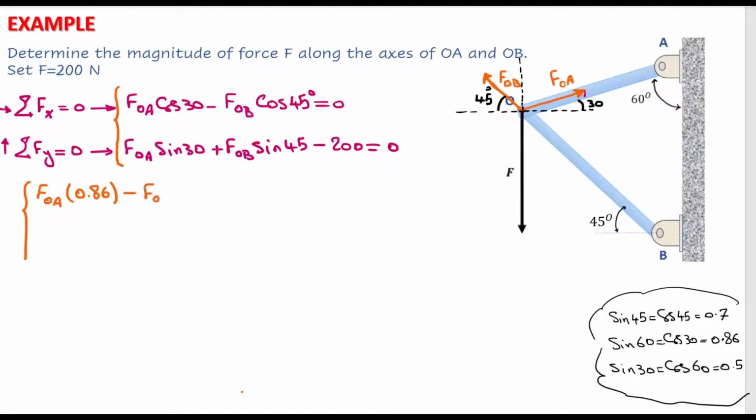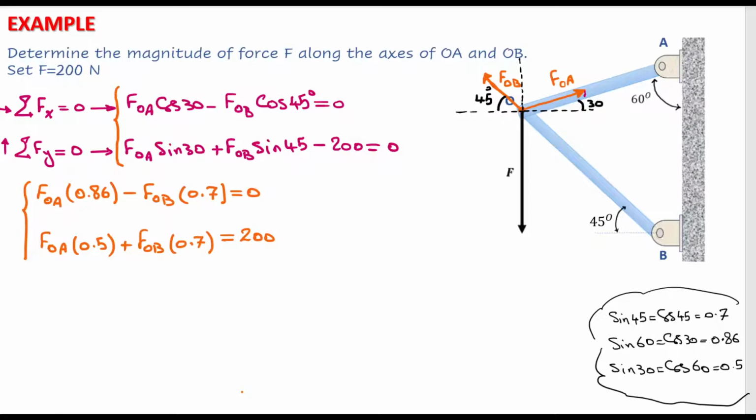Minus FOB cosine 45 is 0.7 equals 0, and FOA times 0.5, sine 30 is 0.5, plus FOB, this is again one of the unknowns that I'm looking for, sine 45, that is 0.7, set equal to 200. I bring 200 to the other side.